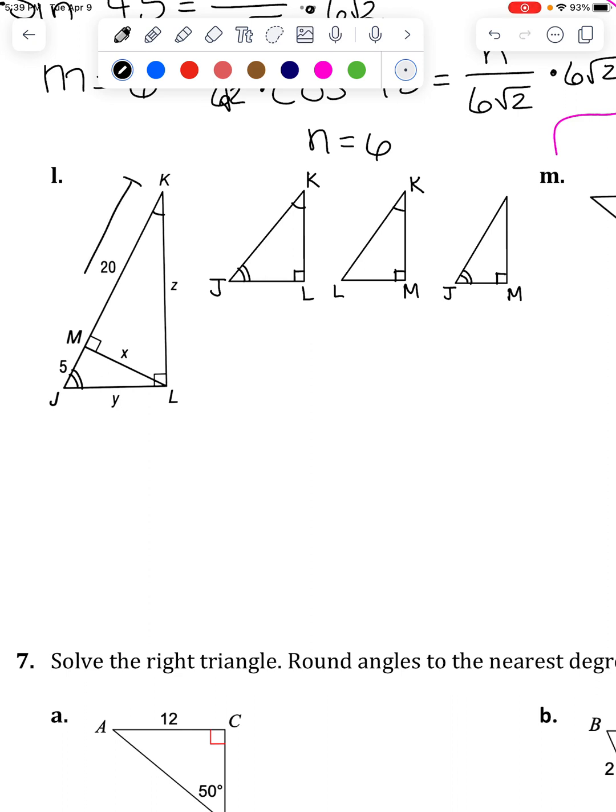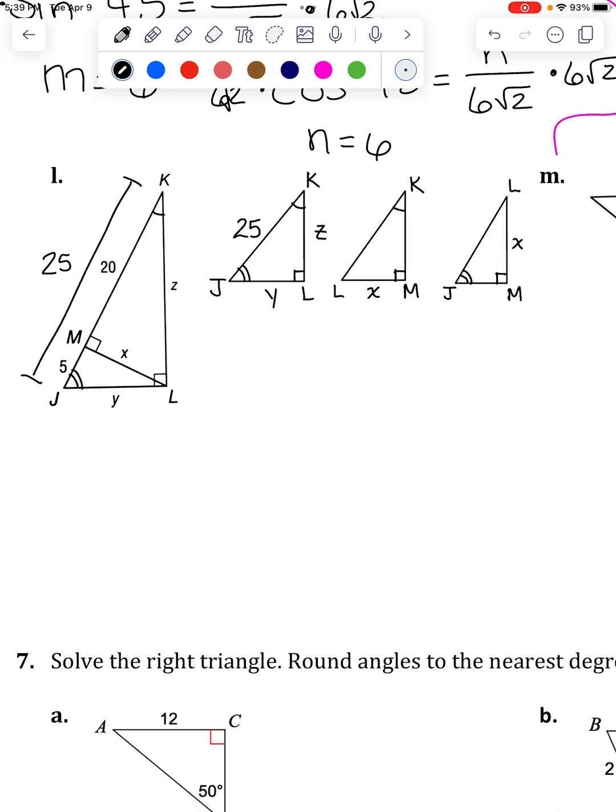Now I know that KJ, going from here to here, is 25. JL is Y, KL is Z. LM is X, and it's on, oops, I forgot to write the L there.